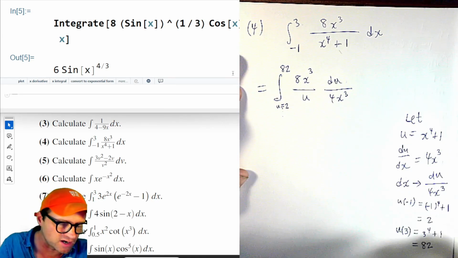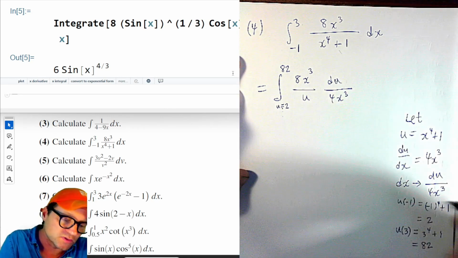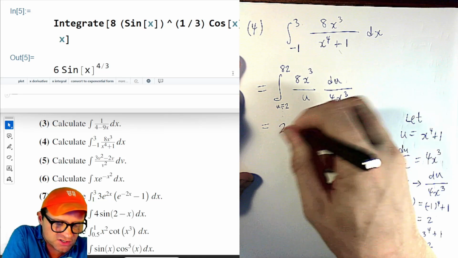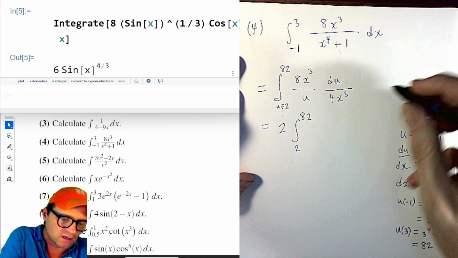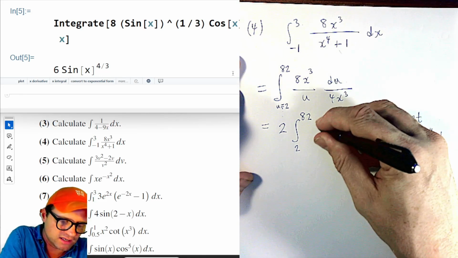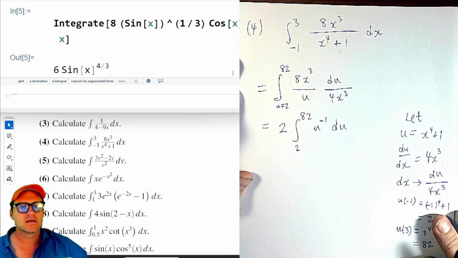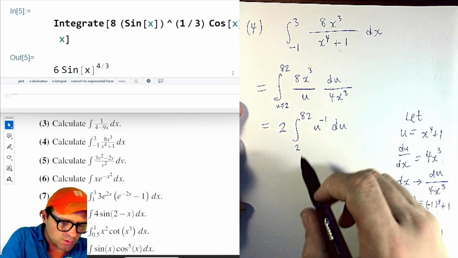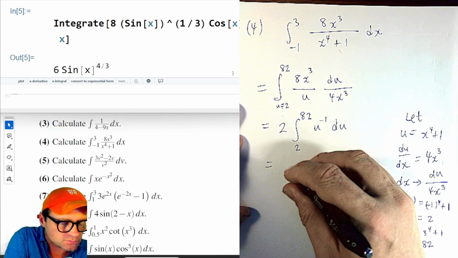Okay, and now let's simplify all of this. So 8x cubed over 4x cubed is 2. We can bring our 2 out the front. And then we have the integral of u to the minus 1 with respect to u. And so we get the natural log of u.